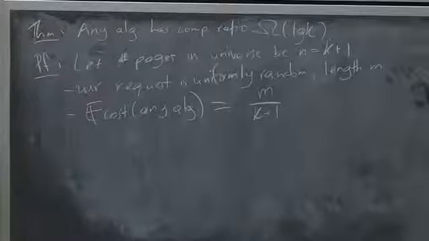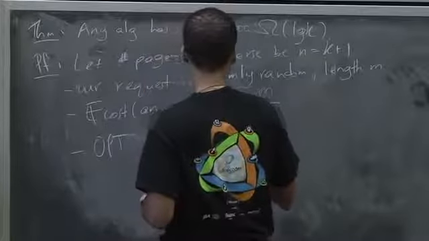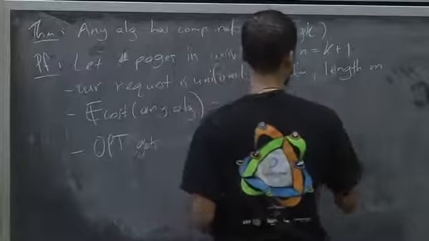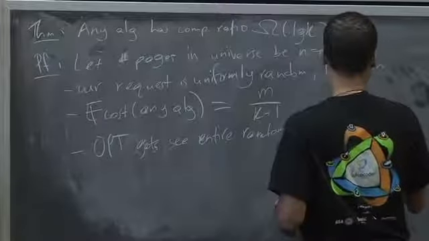Meanwhile, opt, even though it's a random sequence, opt gets to see the entire random sequence from the beginning.